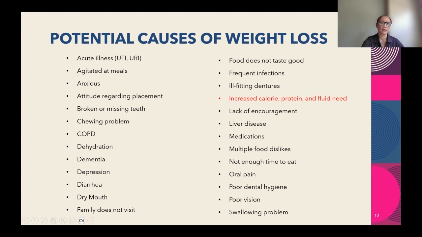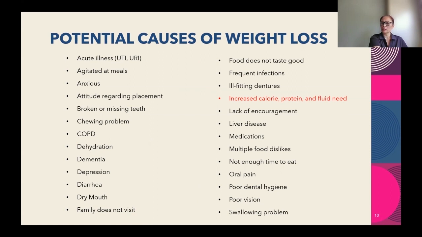How about family visitation? Frequent infection, perhaps, maybe ill-fitting dentures. Like I often see that social services will write in their notes that the resident was either missing their dentures or it doesn't fit right, it's creating sores, but then nowhere does that mention in the nutrition assessment portion that that could be the potential cause for the resident not eating well.